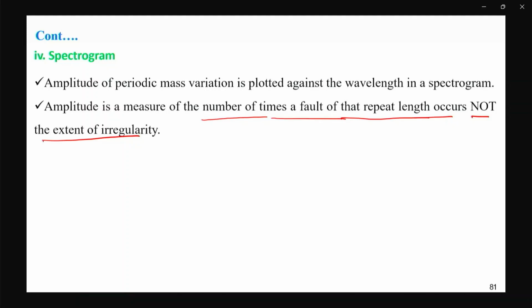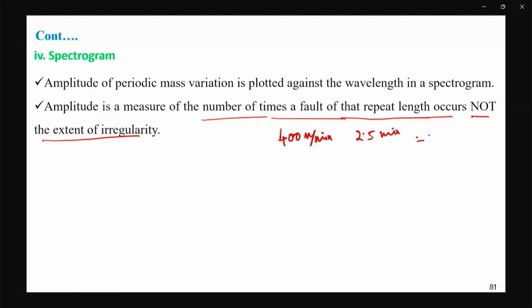Normally, in any waveform, by the term amplitude we mean the extent of deviation. But in a spectrogram, it's the number of times that it repeats.